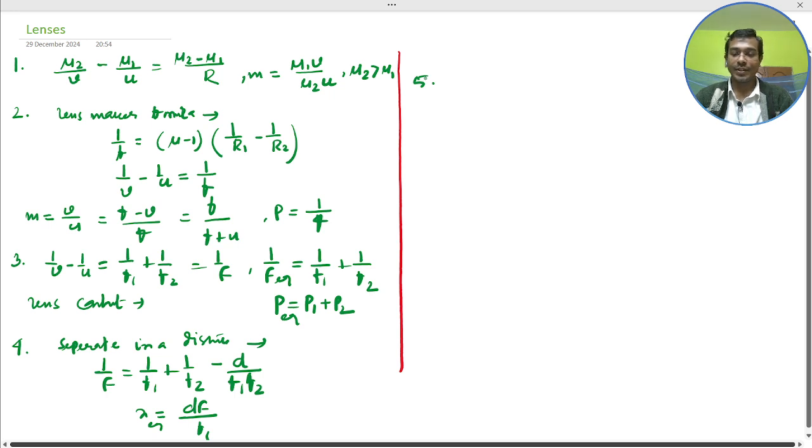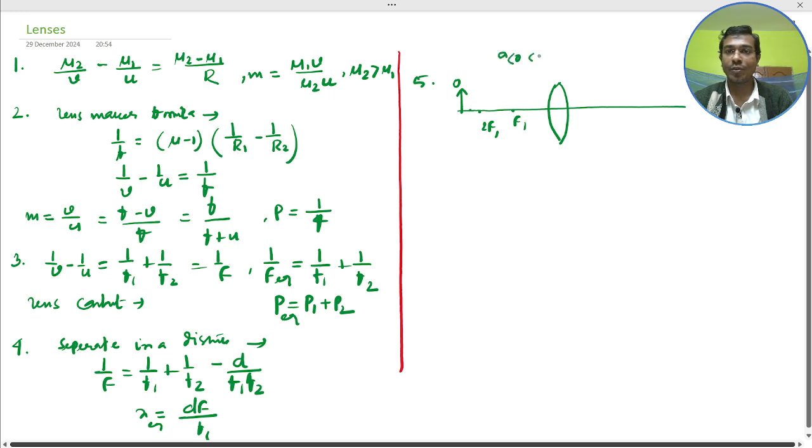The position of the image, ray diagram: here is a lens, this is the f1, this is the 2f1, and the object O is in between infinity and 2f. You have to find the image range.